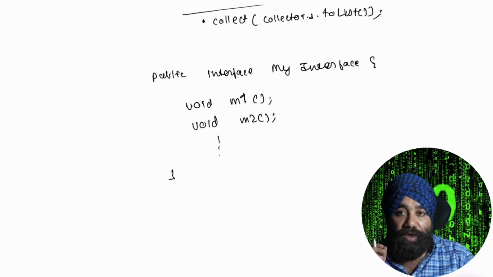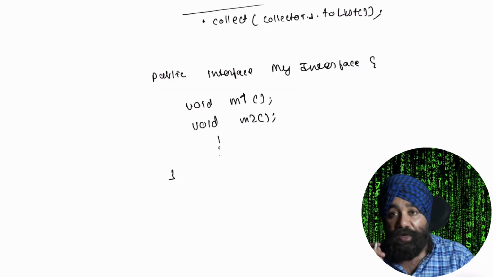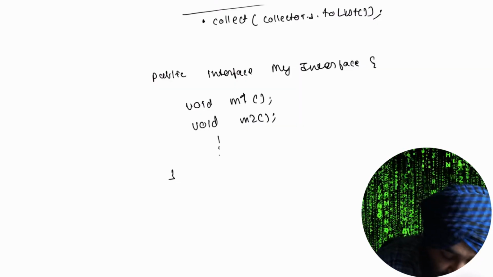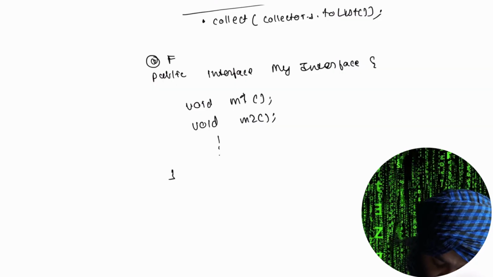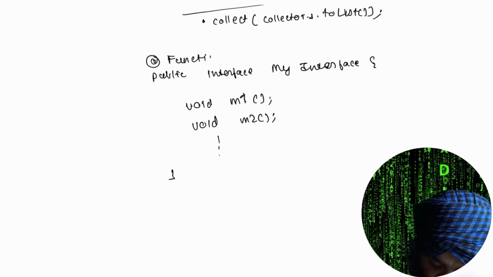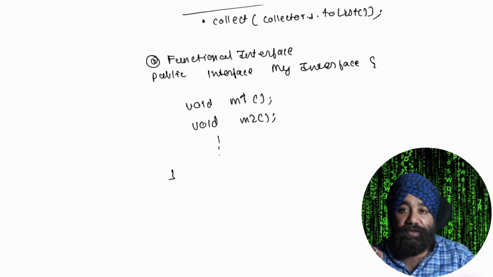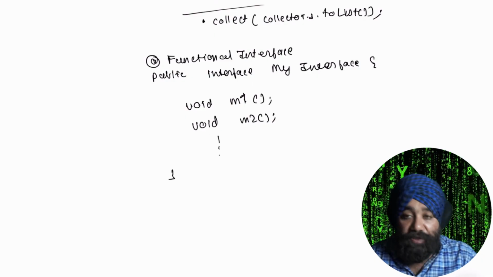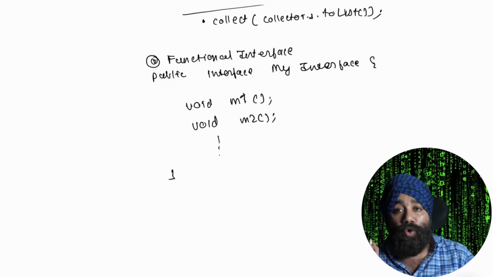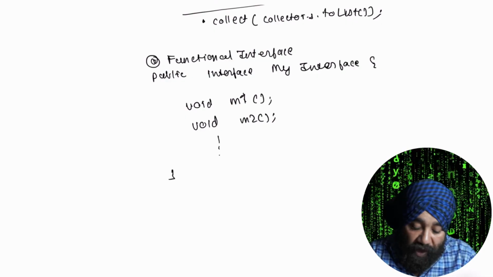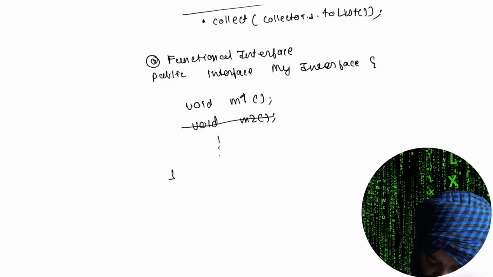But if we want to create a functional interface, we can use the annotation @FunctionalInterface. In that case, our interface cannot have two non-default methods, it can have only one non-default method.